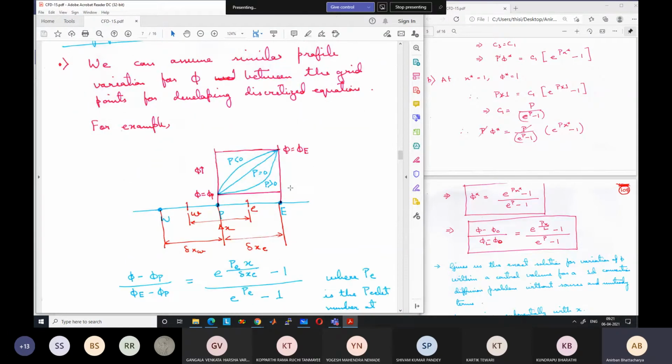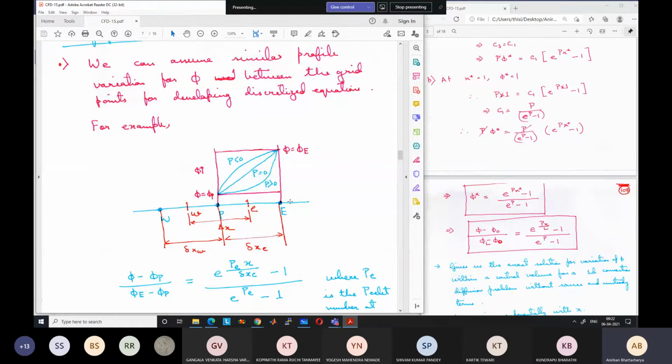So if we have a grid structure like this, let me reiterate or revise. We have already gone through it multiple times, but we will remember better if we revise it once more. Our control volume goes from small w to small e, has a length of delta x, and is represented by the grid point P at the center.